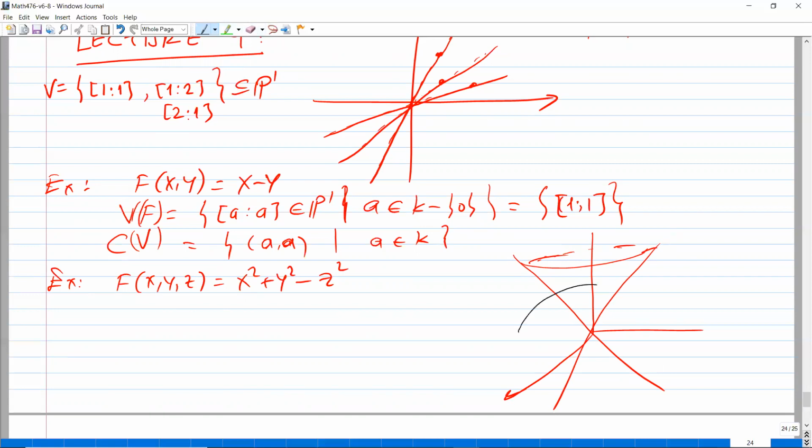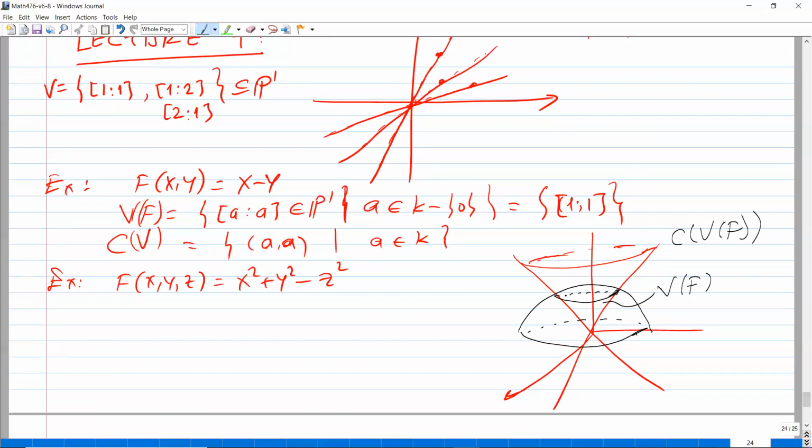So if you look at P2 like this, so on the boundary, antipodal points are identified, then its intersection with this, the lines, the points of the projective space will be this set. That will be the V(f). These points represent it, and this cone is the cone over V(f). Okay.